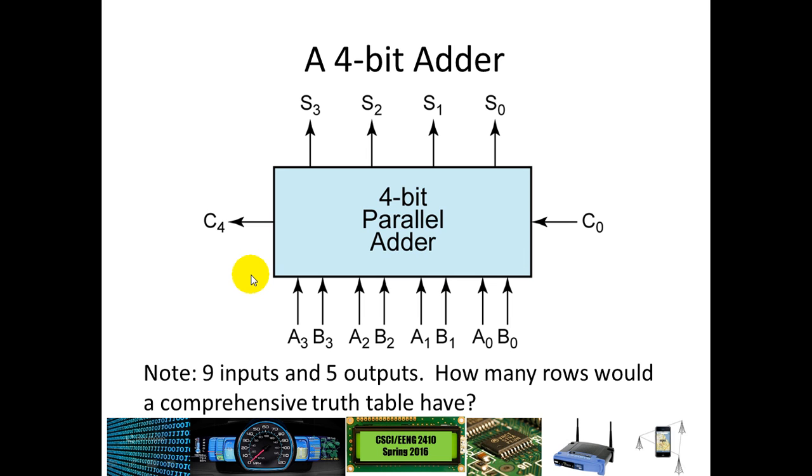So if you think about adding 2 4-bit values together, the largest possible value we can get for each individual 4 bits would be 1, 1, 1, 1, which would be 8 plus 4 plus 2 plus 1, or 15. And so the largest possible sum we could get would be 30, 15 plus 15, and 30 would actually require 5 bits to represent.